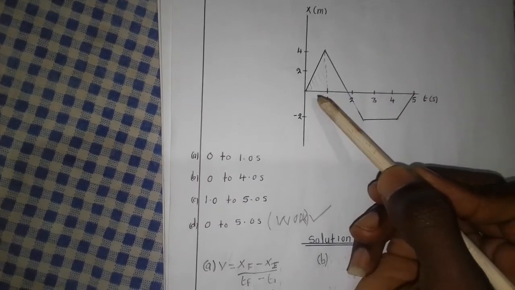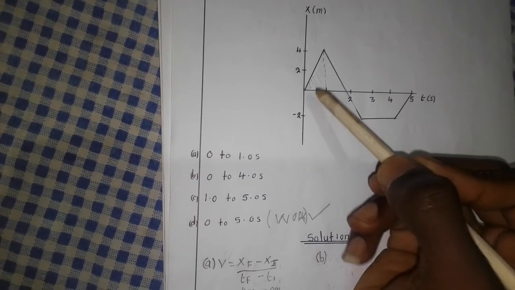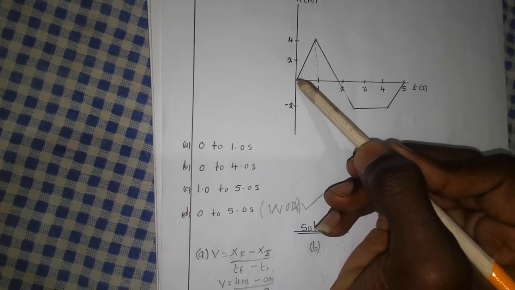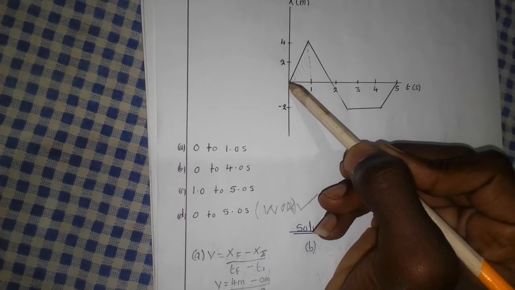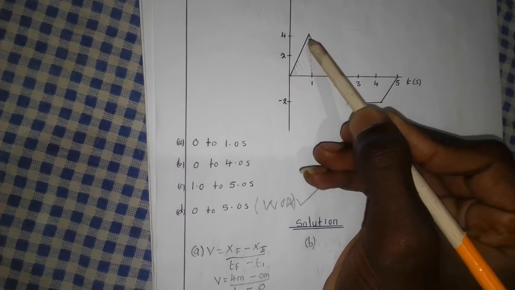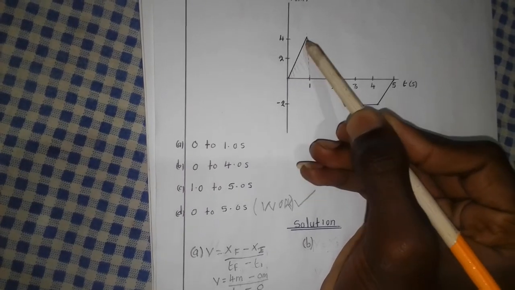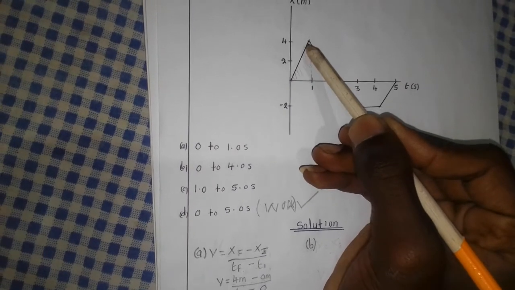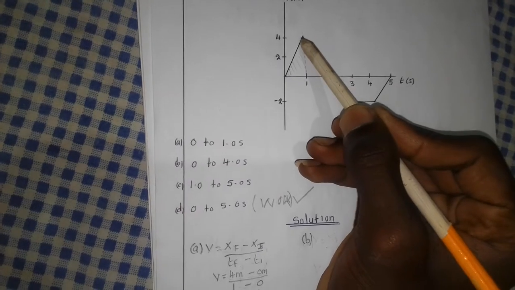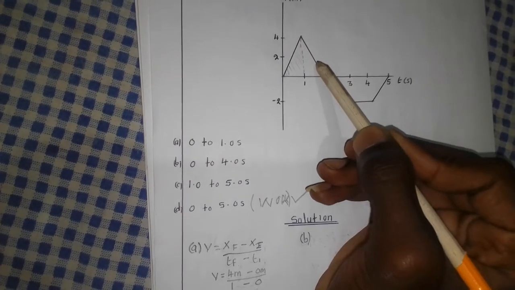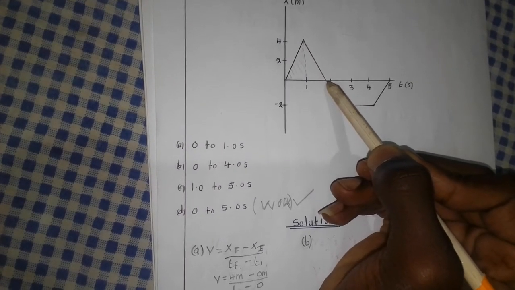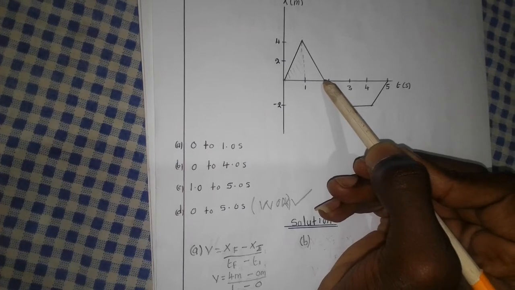We are moving from here, then we move upward like this, so we have moved a distance of 4 meters. Then we move downwards and reach this point, where we've not covered any displacement because this is 0.